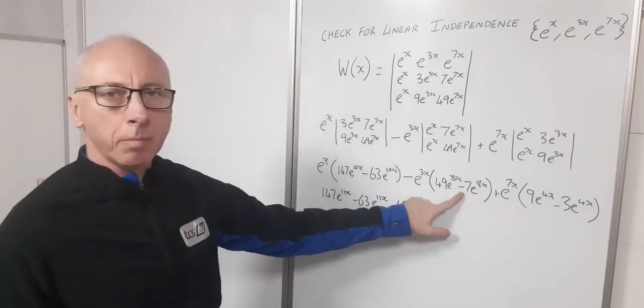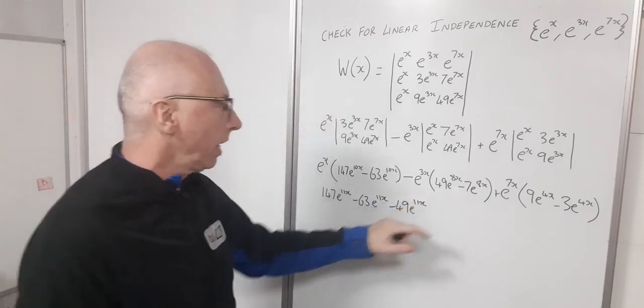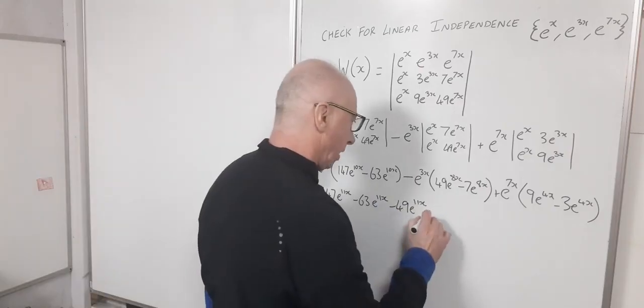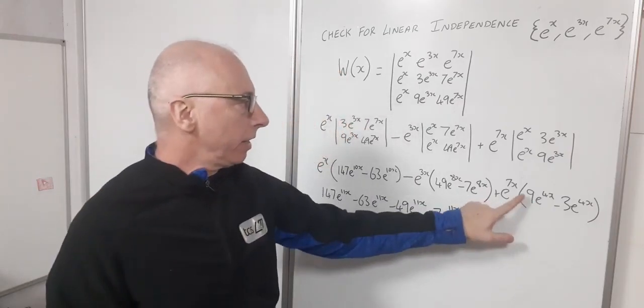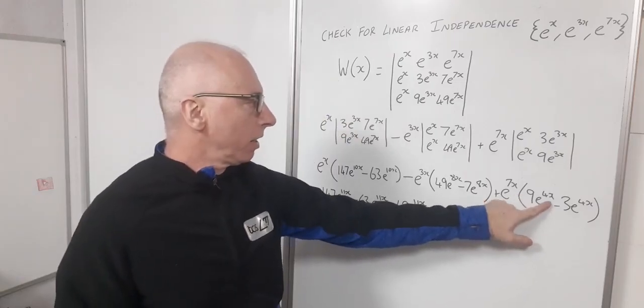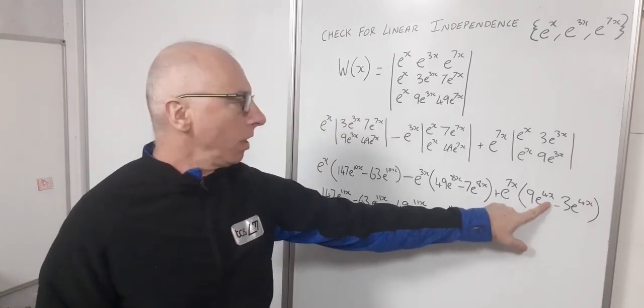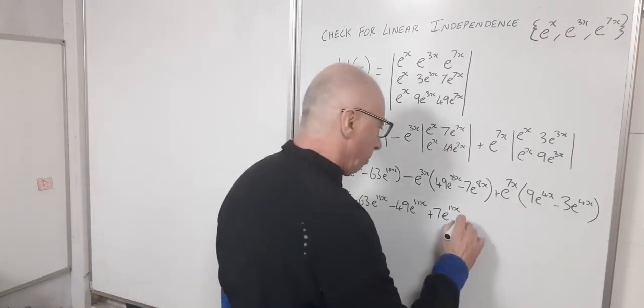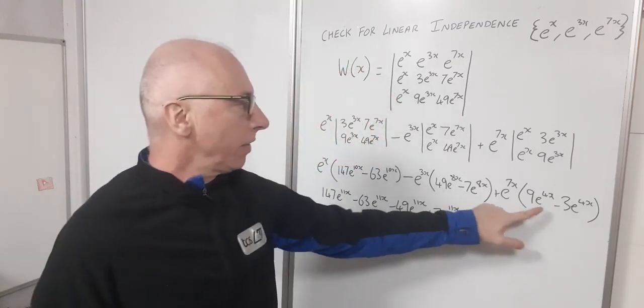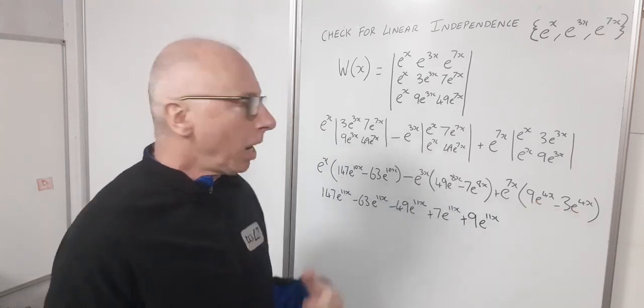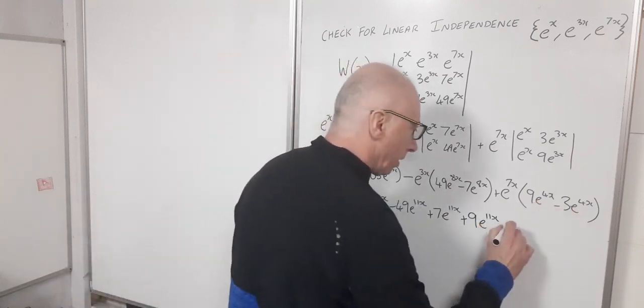And then minus times a minus is plus, so that's 7e to the 11x. And e to the 7x times 9e to the 4x gives me 9e to the 11x, and that's plus. And here I've got e to the 7x times minus 3e to the 4x, that's minus 3e to the 11x.